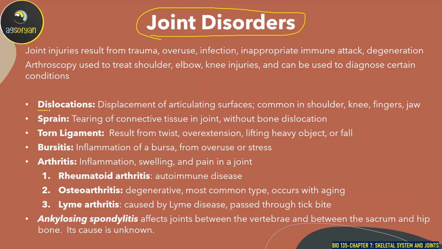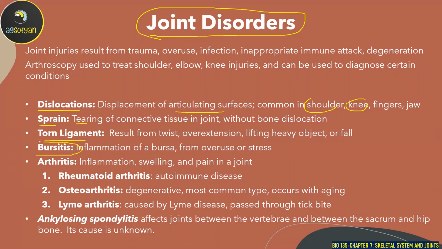For example, dislocation, which is displacement of the articulating surface, common in the shoulder and knee. Sprain is common in the ankle, for example a sprained ankle. Torn ligament: twisting or overextensive use of the joint can break the ligament.